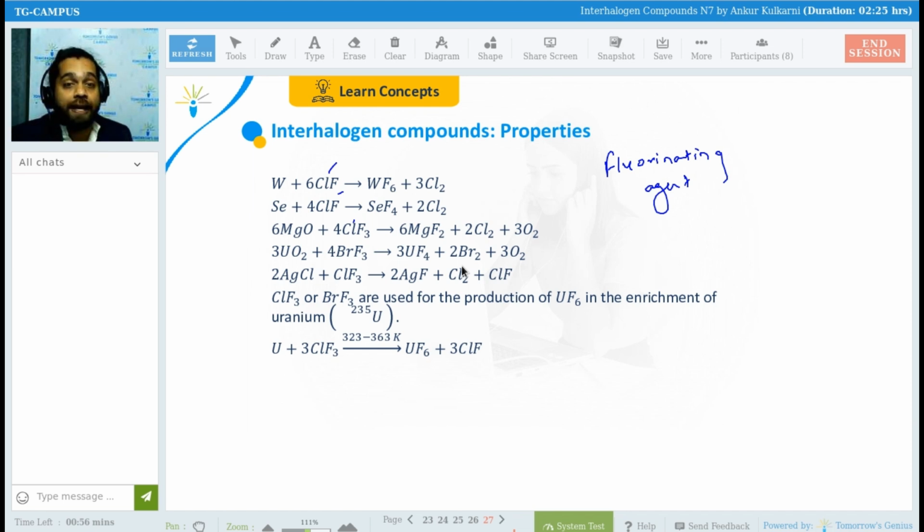Look at this reaction with uranium. This is actually used in nuclear reactors.